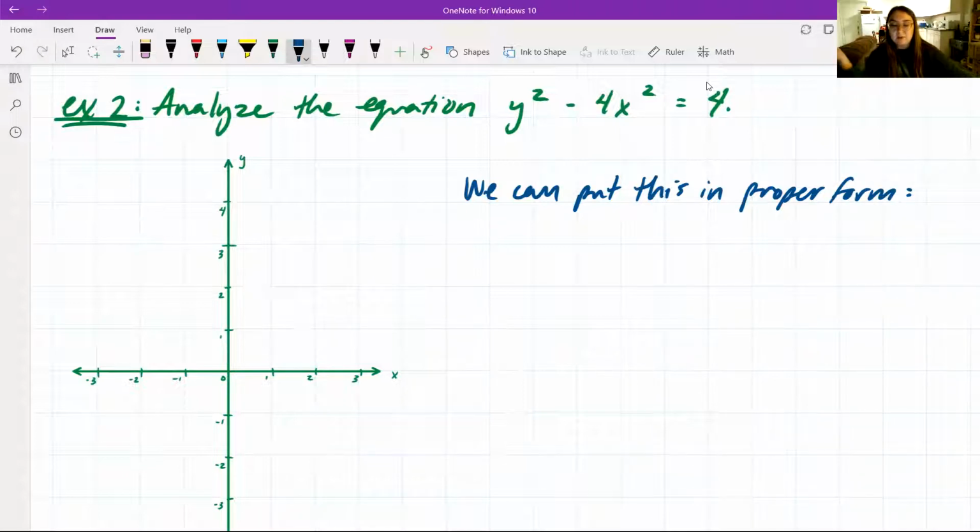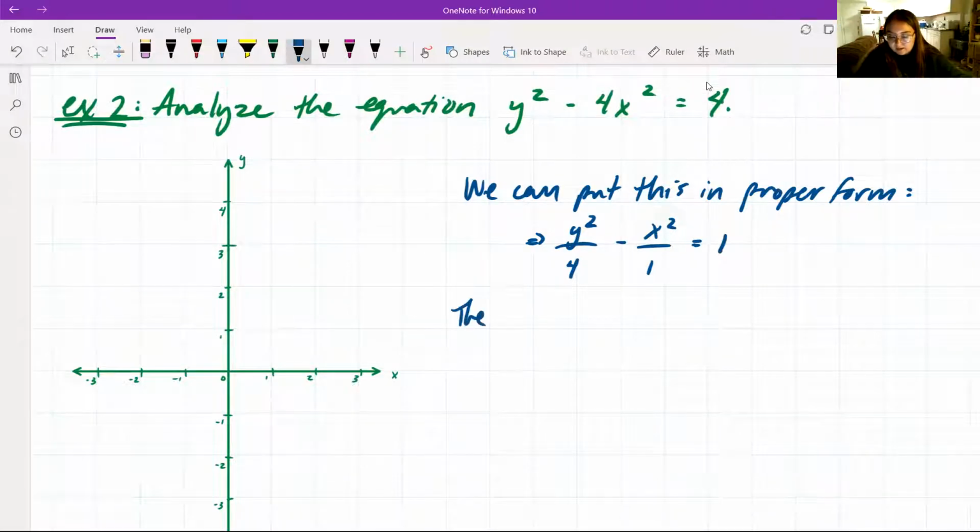If we want to put this in proper form, what we end up doing is dividing each term by 4, and this ends up giving us y squared over 4 minus x squared over 1 is equal to 1. So now we definitely know a few of our values, but first let's determine the center is still at 0, 0.